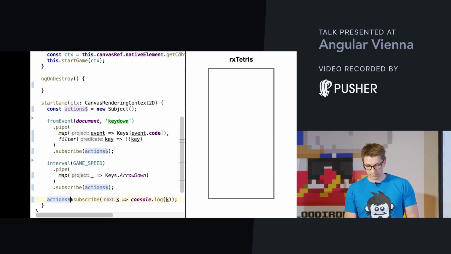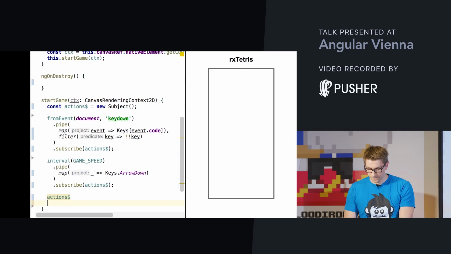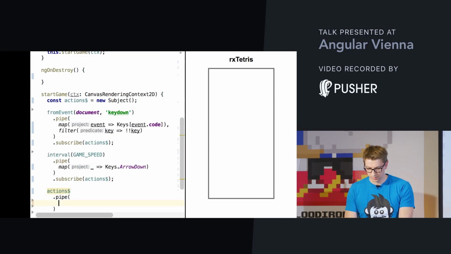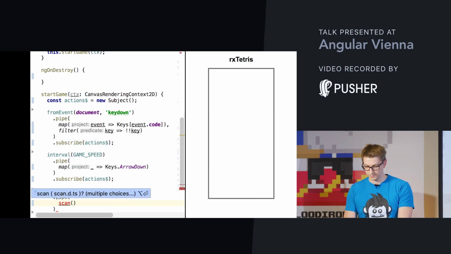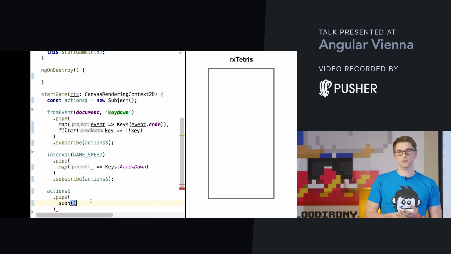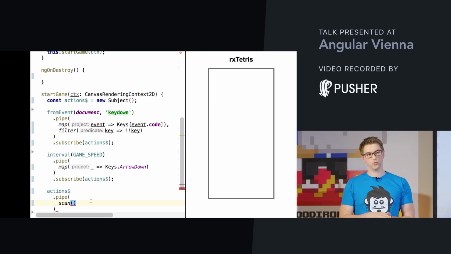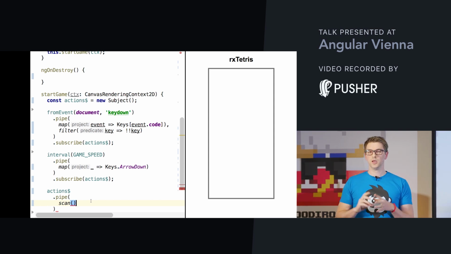So let's write something like this. Actions, and then we're going to write pipe. Now what we want to do is bring in the scan function. Scan is similar to reduce in an array, with the difference that standard reduce only creates a response at the end. So let's say you have an array of numbers. If you create a function that sums it up, the reduce on this array will just give you the final result.